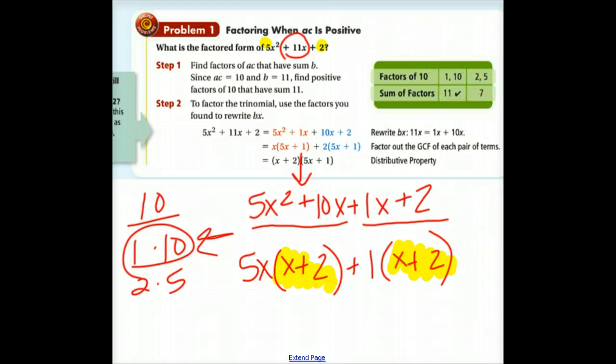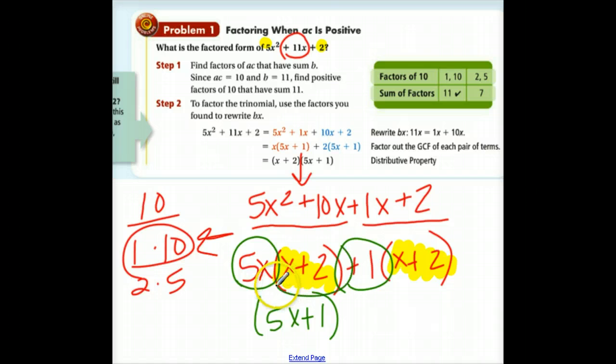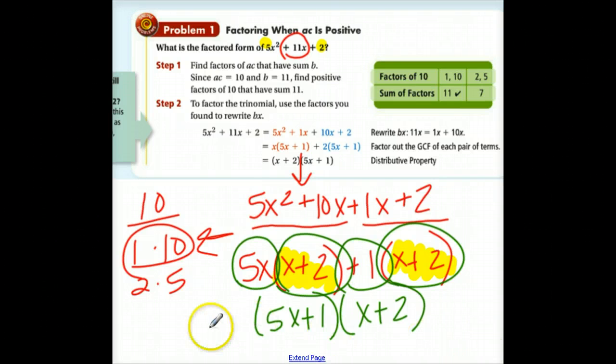We can rewrite this as 5x plus 1 being multiplied by x plus 2. There are our two binomials that can factor and equal our original trinomial.